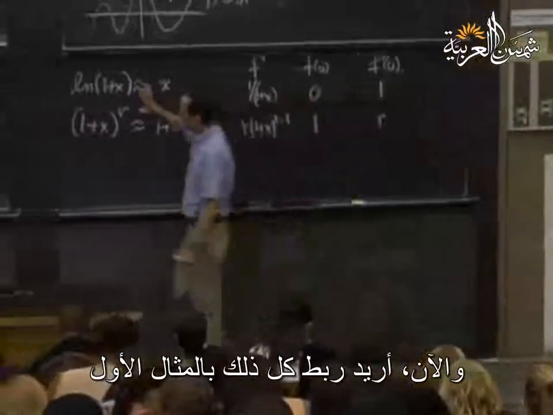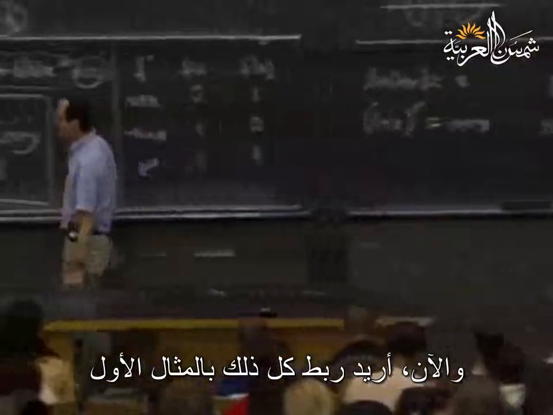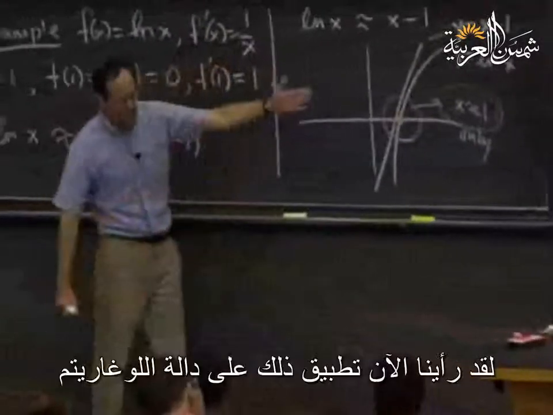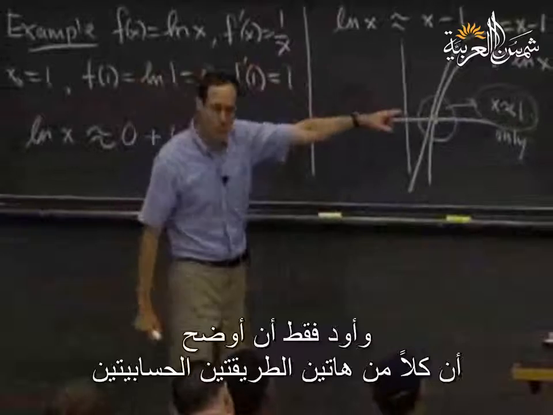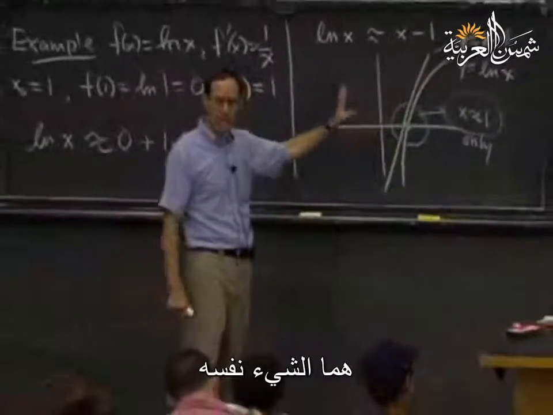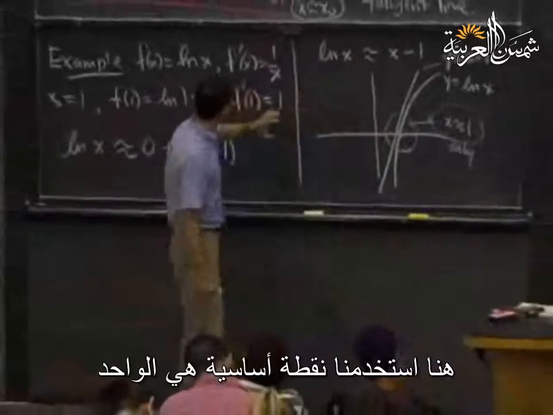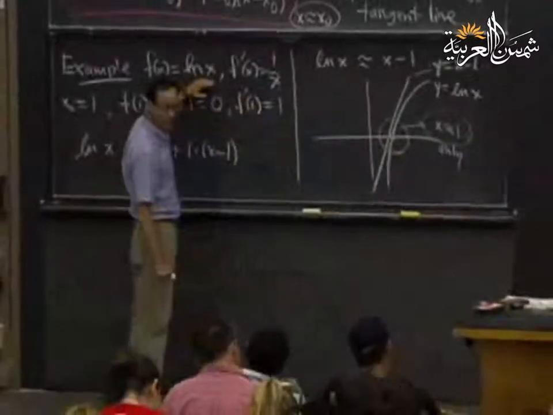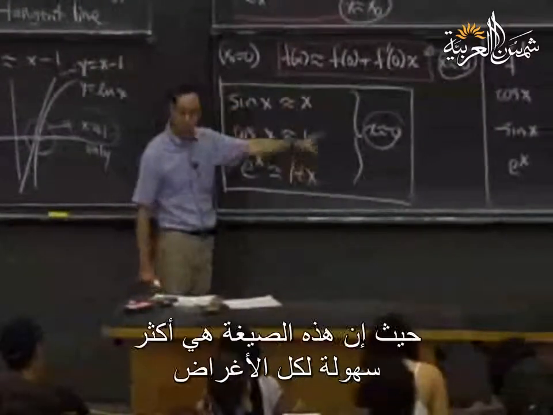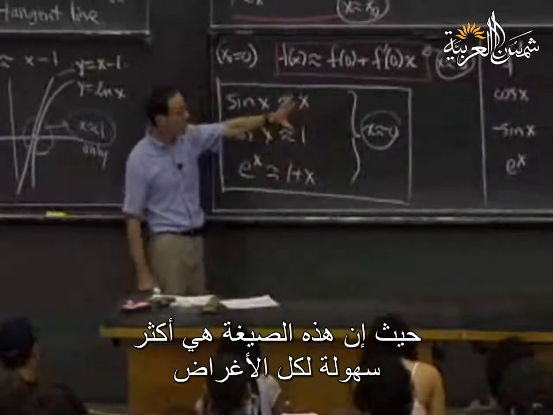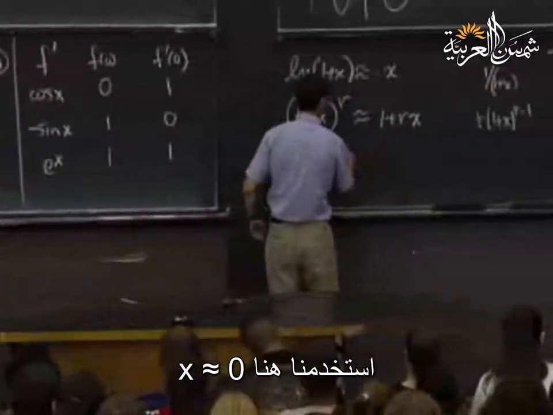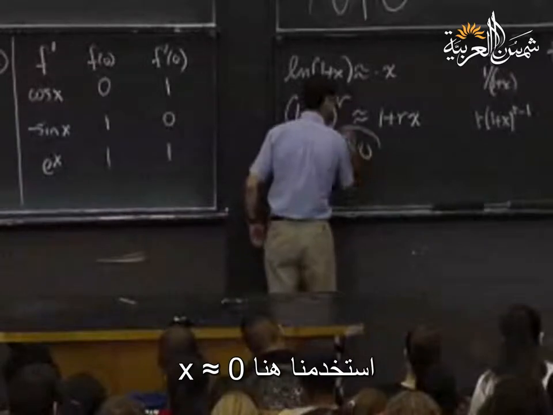And now I do want to make a connection and explain what's going on here and the connection with the first example. We already did the logarithm once, and let's just point out that these two computations are the same, or practically the same. Here I use the base point 1, but because of my convenient form, which I claim will be much more convenient for pretty much every purpose, we want to do these things near x approximately 0.